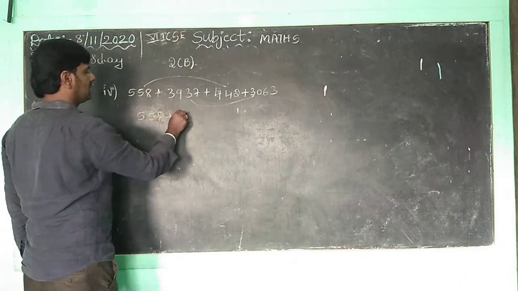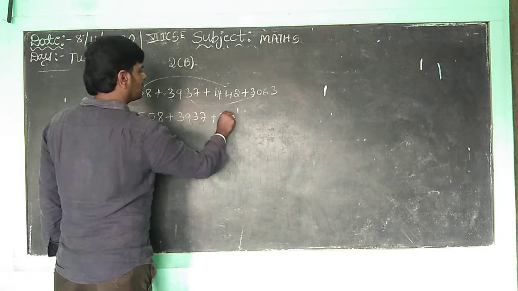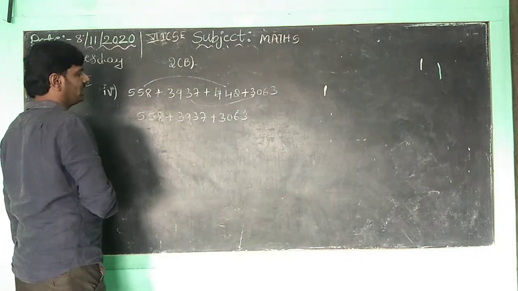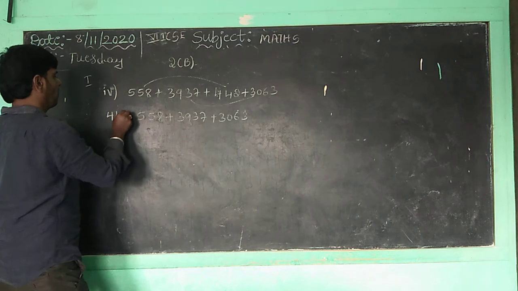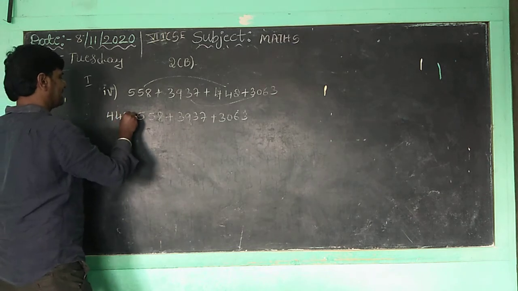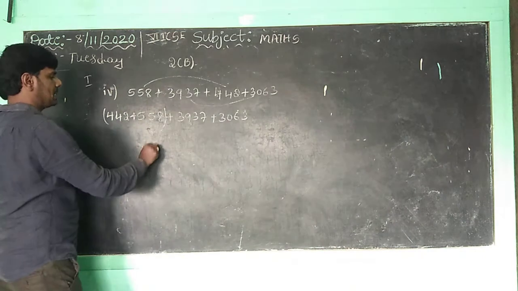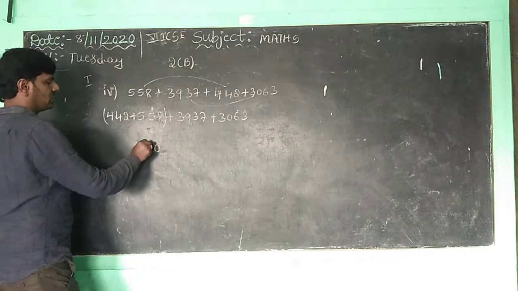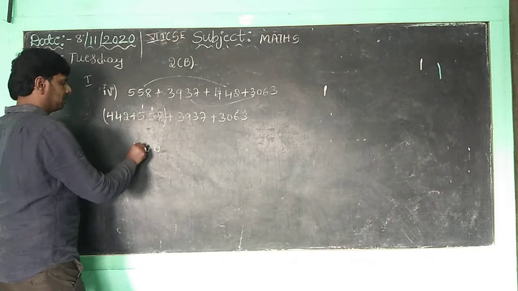558 plus 3937 plus 3063. These two numbers you can add, means first 558 plus 442. So 8 plus 2 is 10, carry 1, and 1 plus 5 is 6, 6 plus 4 is 10, carry 1, 1 plus 5 is 6, 6 plus 4 is 10.